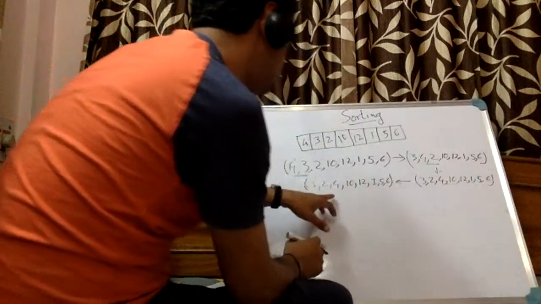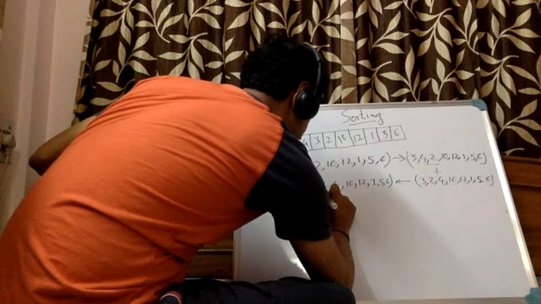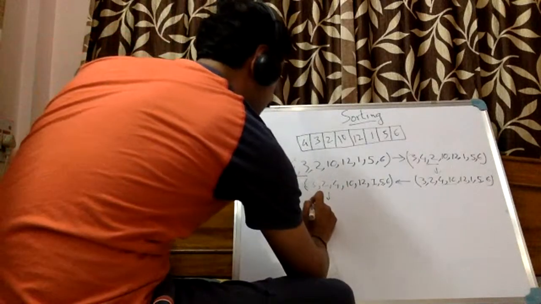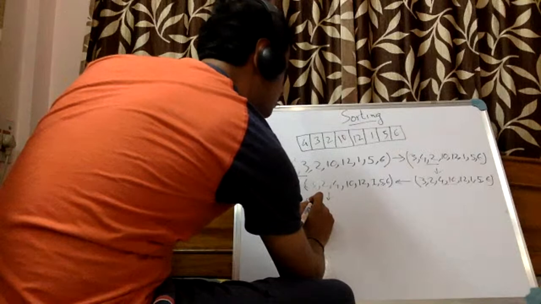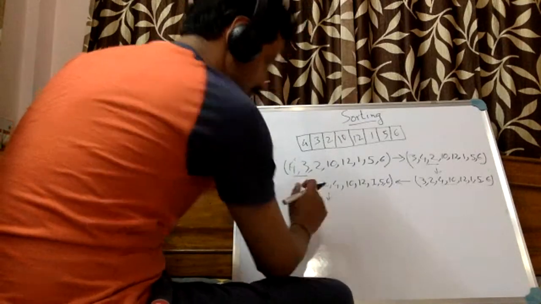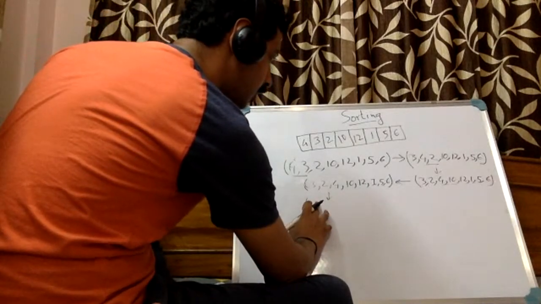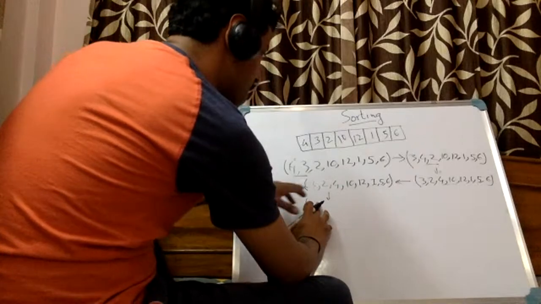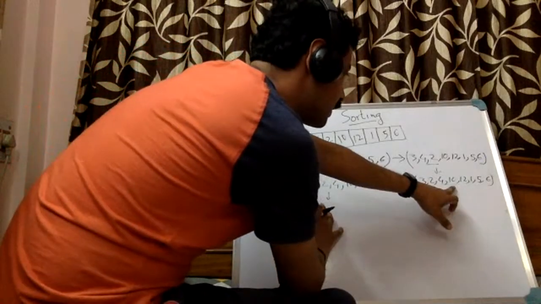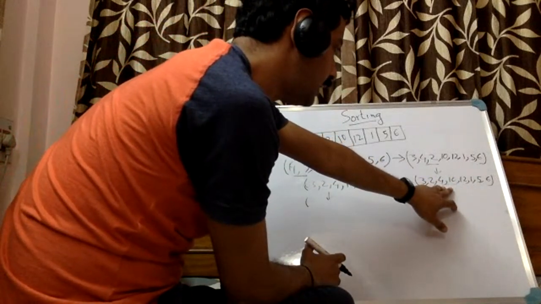We have done it for 4 and 10. So what we have to do next? Yes, you already know this. I'm sorry. In which numbers have we already done this? In 4 and 10, right?